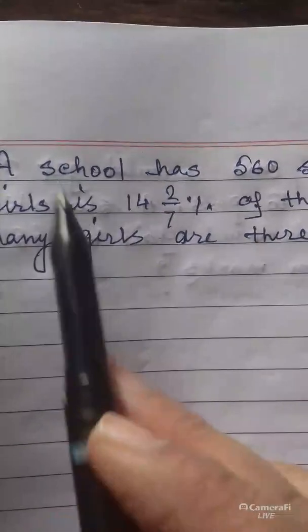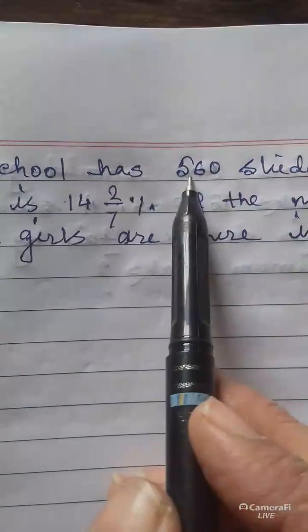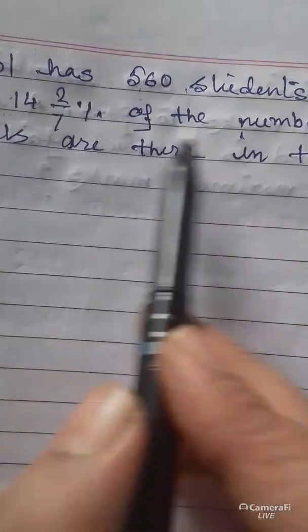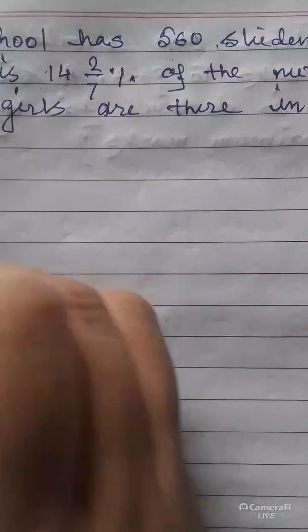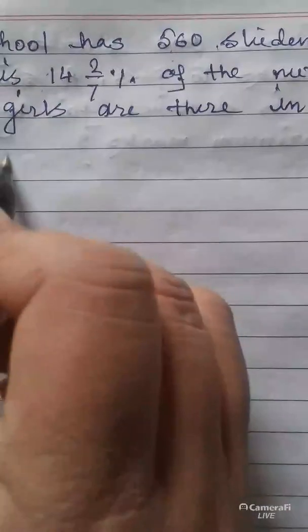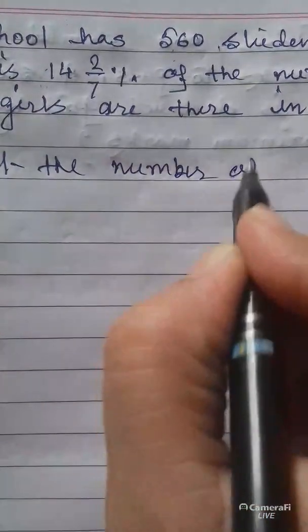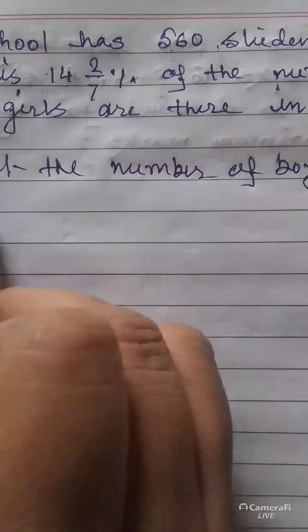Now next math. A school has 560 students. The number of girls is 14 whole 2 by 7% of the number of boys. How many girls are there in the school? We have to find the number of boys. So let the number of boys be x.